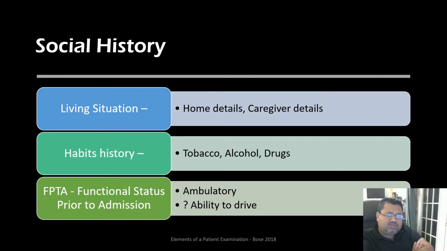Habits history is basically the use of substances. Out of all the different types of substances there might be, there are three major ones: tobacco, alcohol, and drugs. In tobacco use, we look at whether it is smoked or chewed. If it is smoked, we look at cigarettes per day or cigarettes over a lifetime.